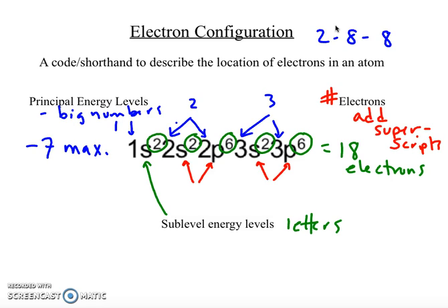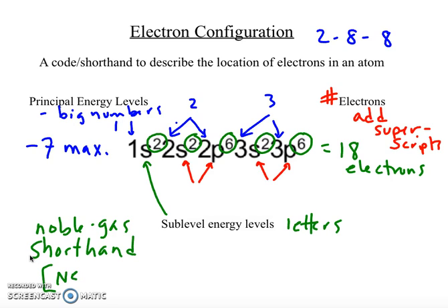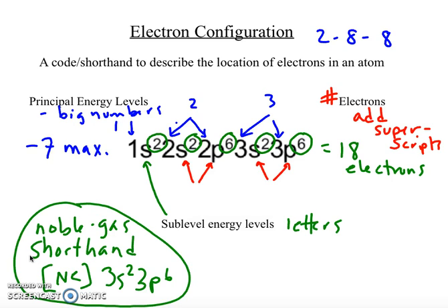I suppose I should just mention that when I talk about the noble gas shorthand configuration, what you'll see is something like this. Argon would start out with everything that neon has, plus the 3s2, 3p6, right? And you will learn more about that. But when I talk about the noble gas shorthand, that's what I am referring to.